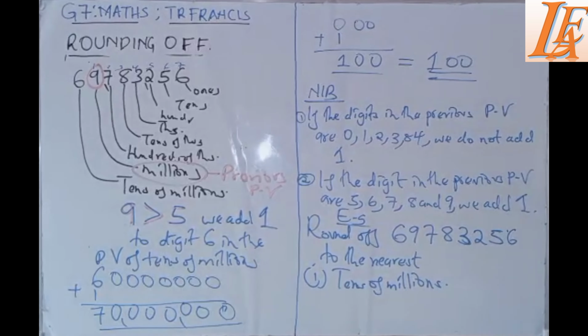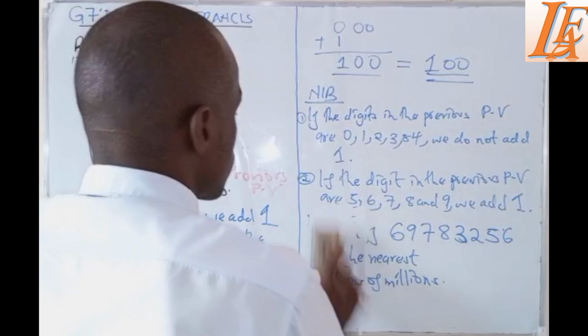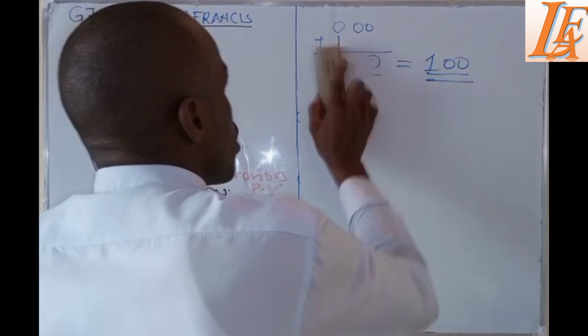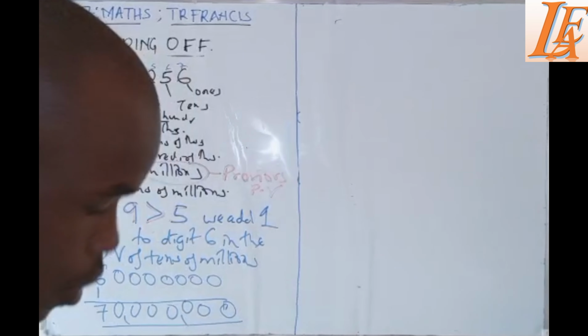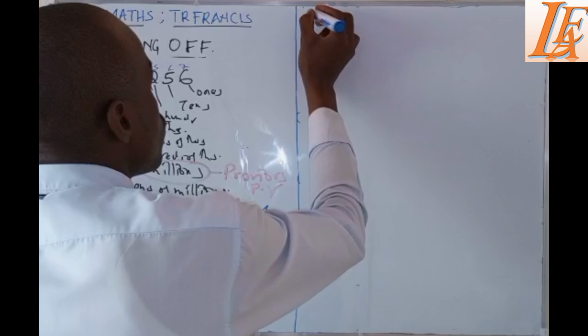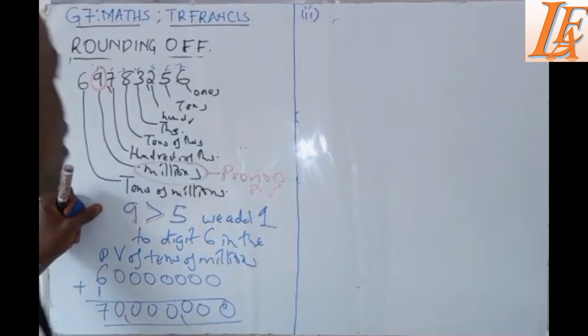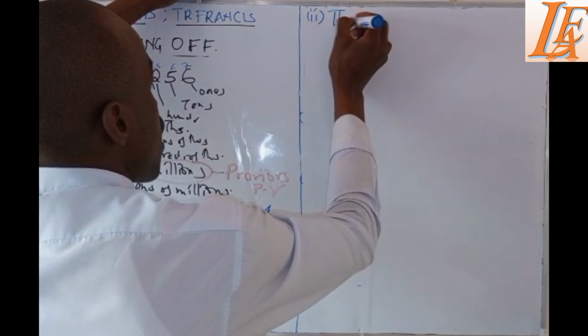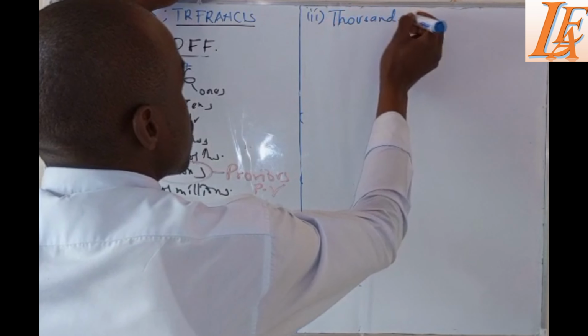Let us do the second one quickly. That was Roman 1. Roman 2, you are to round off this number to the nearest thousands.